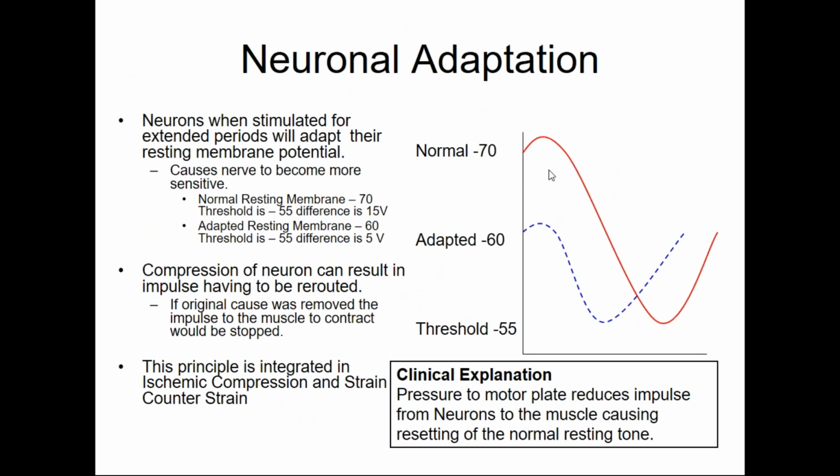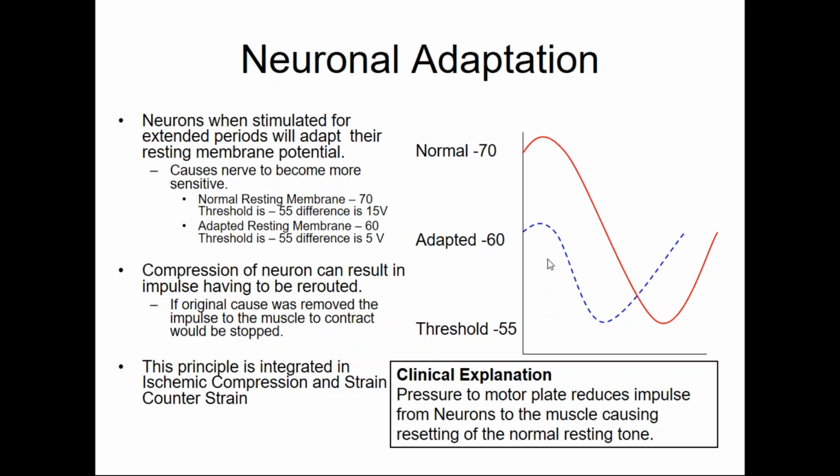The fourth type of dysfunction we have is referred to as neuronal adaptation. So you guys all know about how a neuron normally sits at -70. However, if it has been stimulated for an extended period of time, the body has the ability to adapt that neuron to a lower resting membrane potential, and it will sit it at -60.